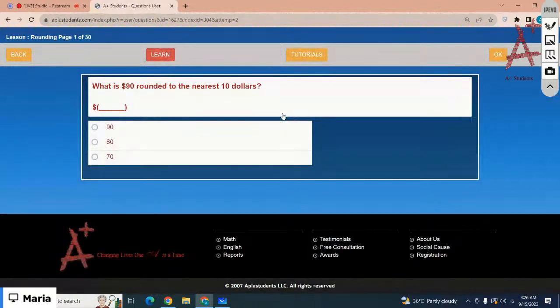Which is the correct option? 90, 80, 70. 90 is rounded off to 90, right? It would be rounded to the same number, right? The correct option is 90.